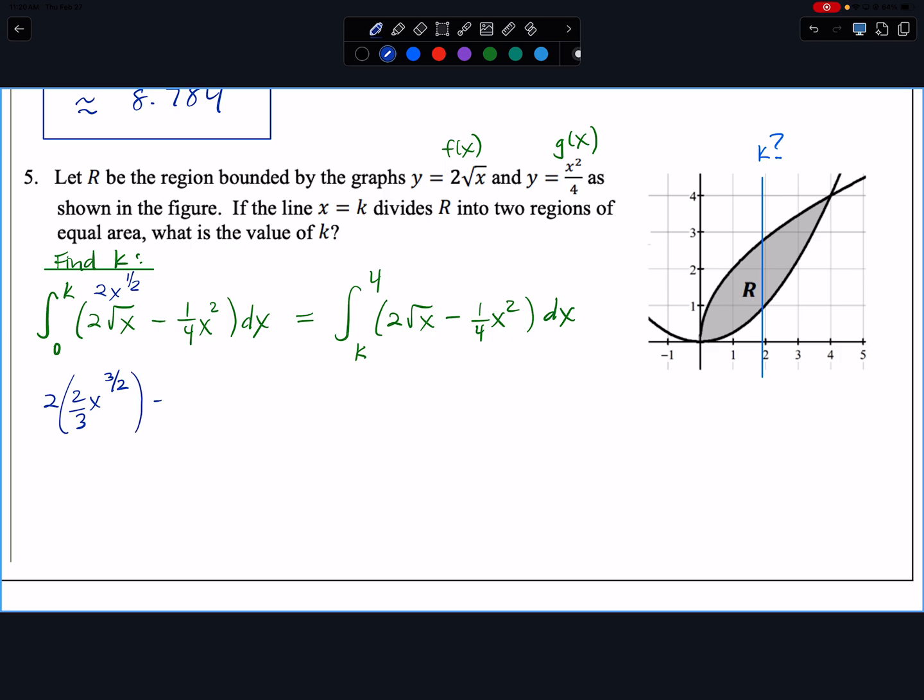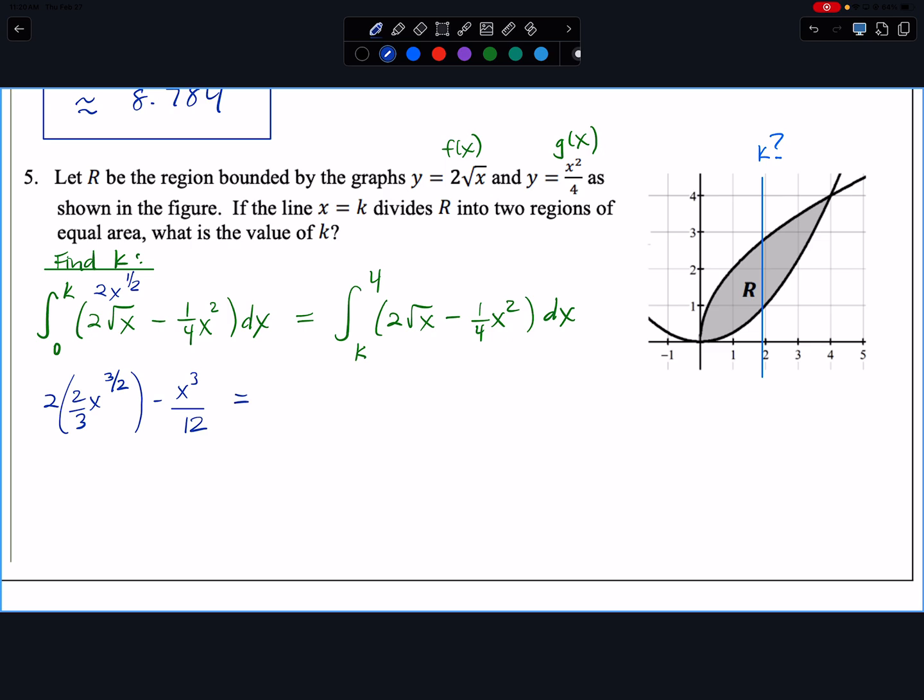Minus, what's the antiderivative of x squared? X cubed over 3, but I'm multiplying it by negative 1/4. So minus x cubed over, what's 3 times 4? 12.